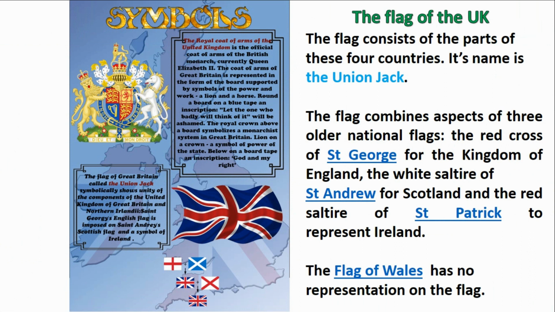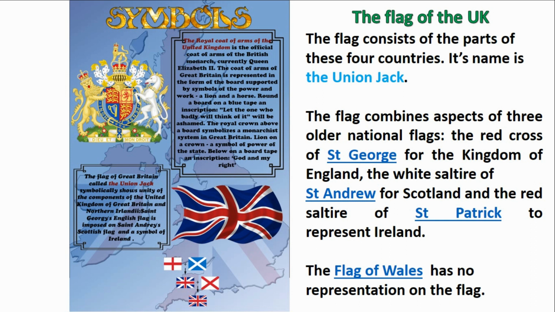The flag of the United Kingdom consists of the parts of these four countries, especially of three countries, not four. It's named the Union Jack. This flag has its own name. It is called the Union Jack. The flag combines aspects of three other national flags.